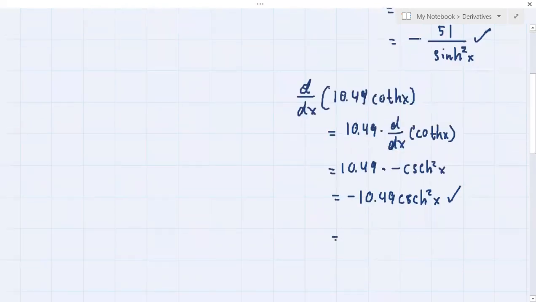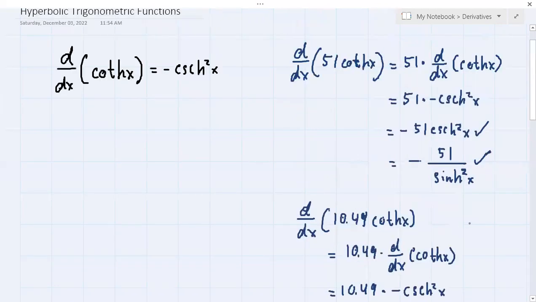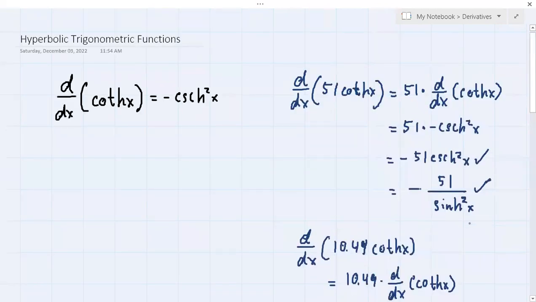Or, you can just simply rewrite this as negative 10.49 all over sine h squared x. O, diba? So yeah, bottom line, this is basically the derivative of cotangent hx, which is negative cosecant h squared x.